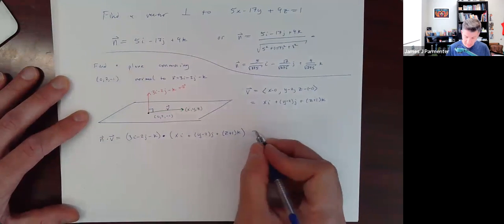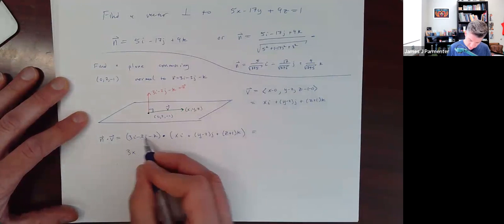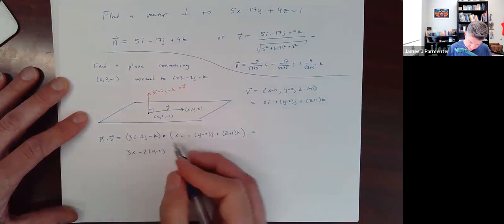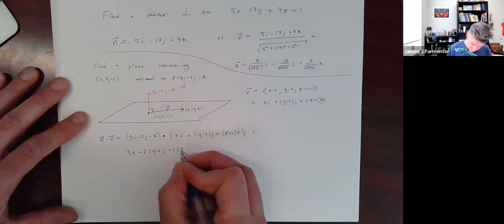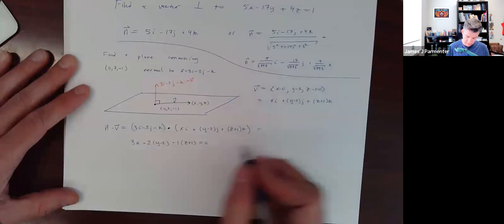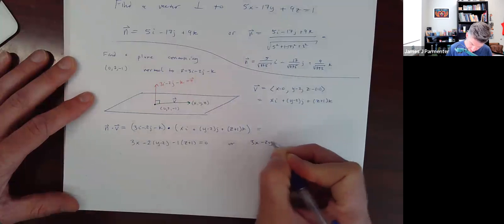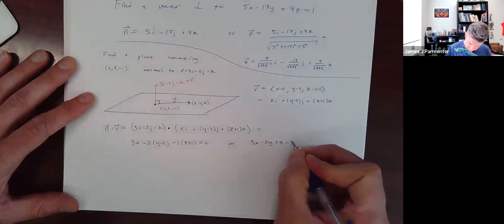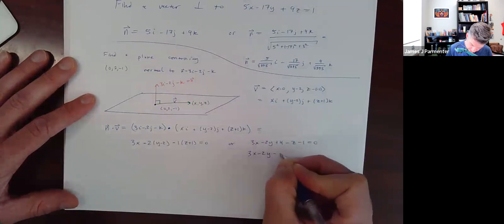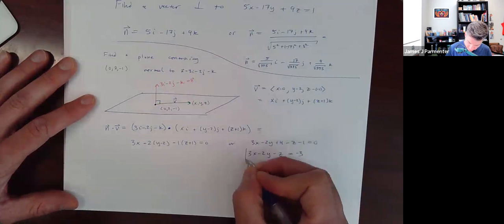When I dot these together, I multiply the like coefficients, so you get 3 times x, minus 2 times (y minus 2), plus -1 times (z plus 1), equal to 0. Or multiplying it up, making it look a little bit nicer, you get 3x minus 2y plus 4 minus z minus 1 equal to 0, or 3x minus 2y minus z, plus 3 comes to the other side, is equal to -3.